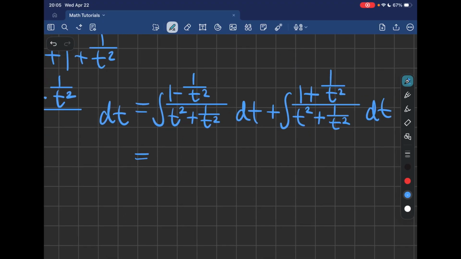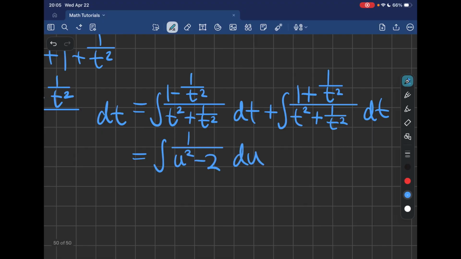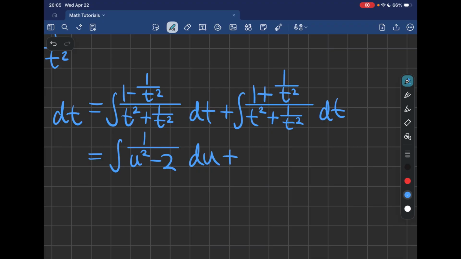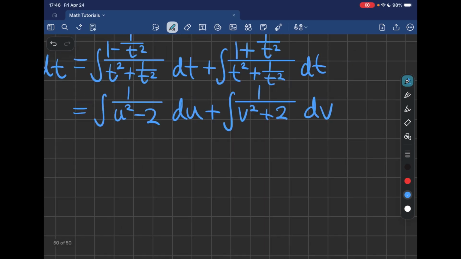So just by substituting what you have above, you will end up having 1 over u squared minus 2 du plus 1 over v squared plus 2 dv. Just make sure you copy and substitute them correctly, and you'll end up with this.